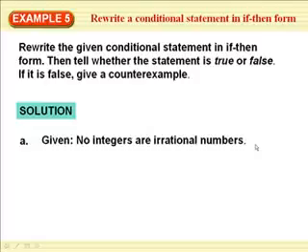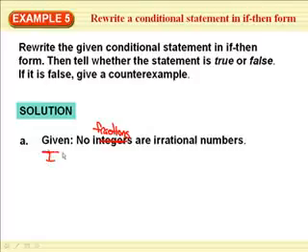Tell whether the statement is true or false. Okay, the book says no, I think this is wrong. Your book says no fractions. I'm looking at example 5 with you. So let's take a look at that. No fractions are irrational numbers.